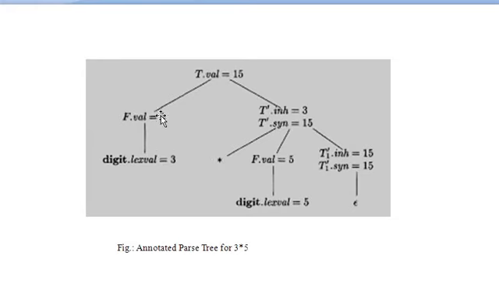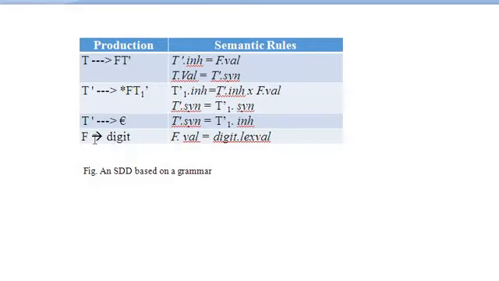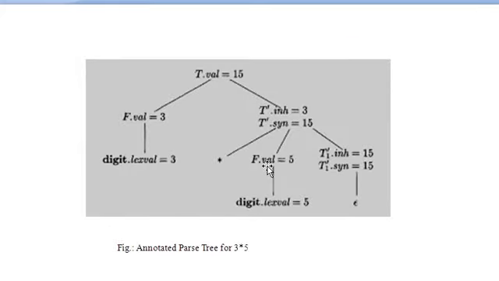The inherited attribute comes from its siblings. Here digit dot lexval is equal to 5. F gives digit, so F dot value equal to 5. 3 into 5, so T dash dot synthesized attribute is equal to 15.